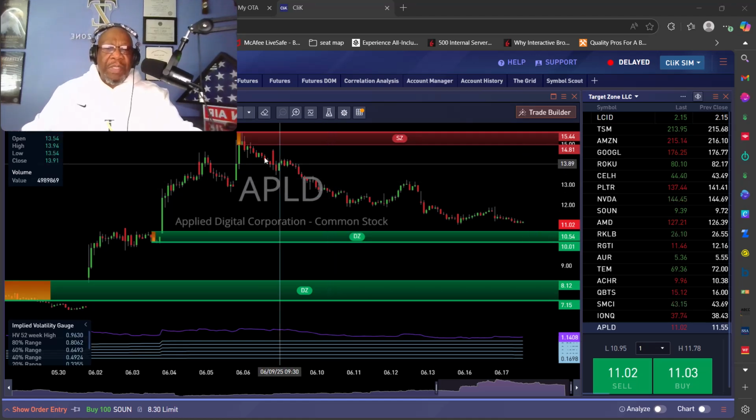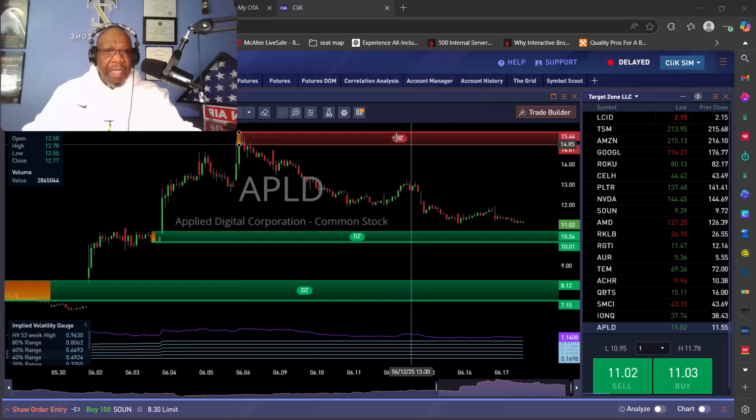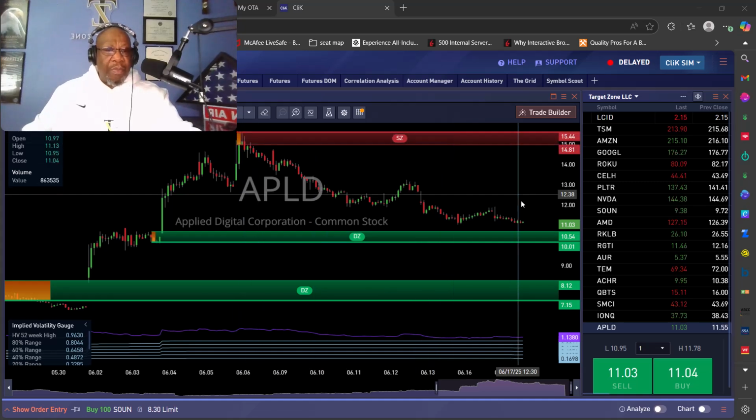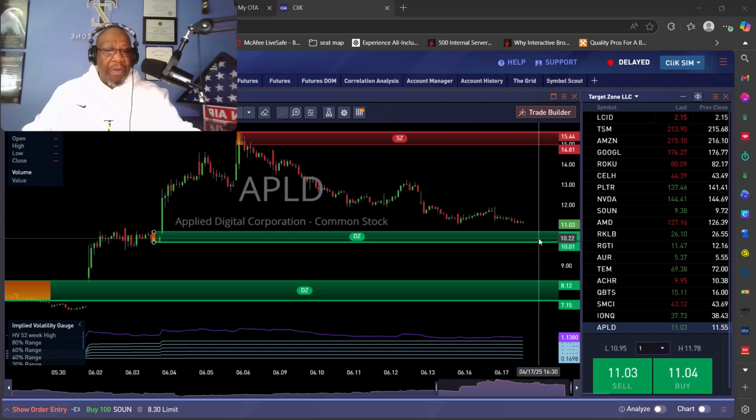But at the same time, you look here, you see this is the highest spot that it has been at, $15.44. So I've got a high right here. If I do happen to get it down here, I will be really waiting for it to come back to test this area and penetrate it.